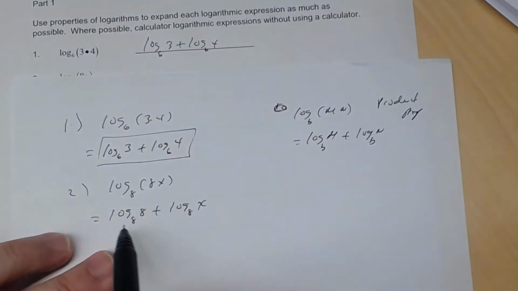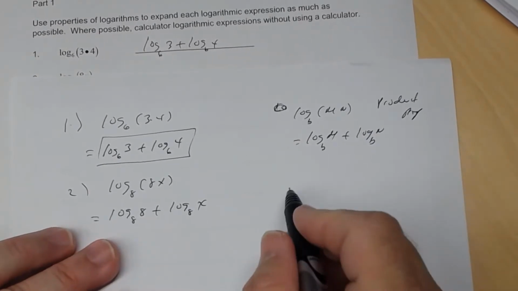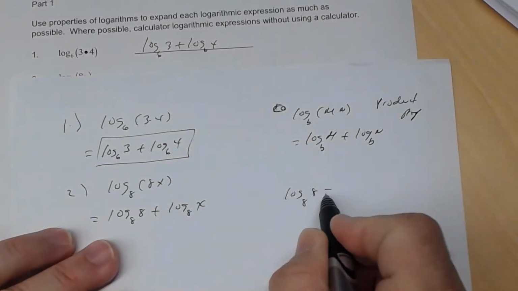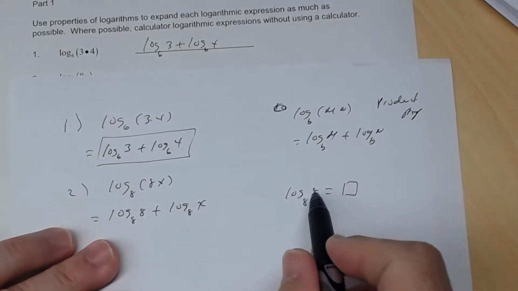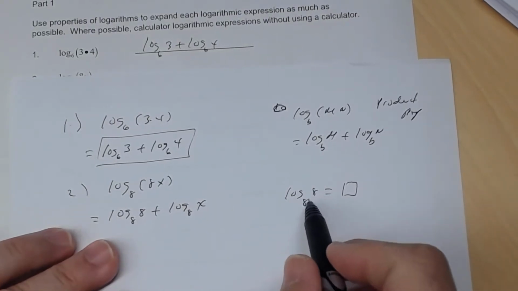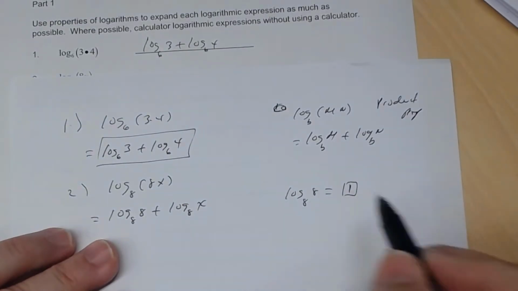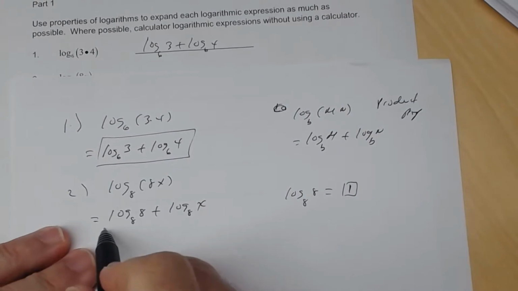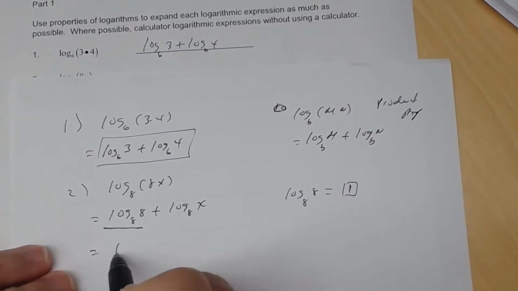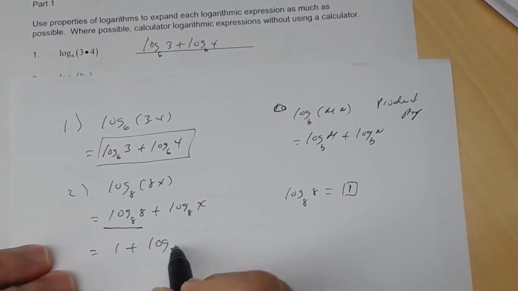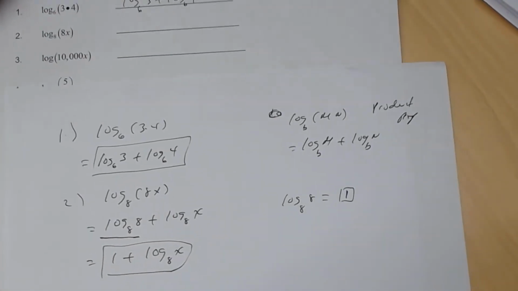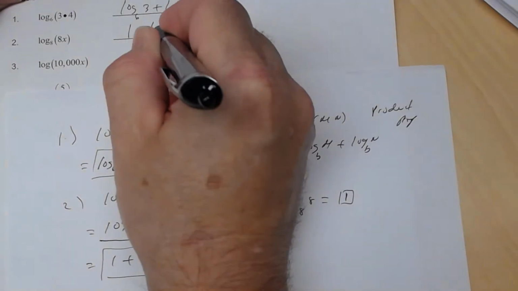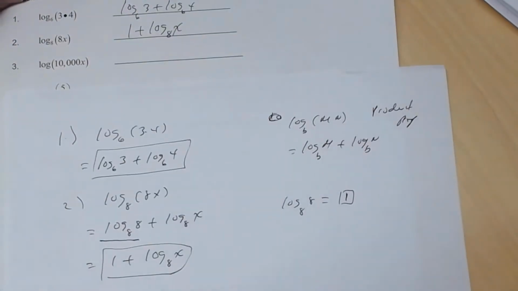So you're supposed to recognize, hey, I can simplify this because I know that the log is an exponent, so log base 8 of 8, so 8 to the first power is 8. All right, so I know that this is a 1 right here. So I get 1 plus the log base 8 of x. So that's your answer there.